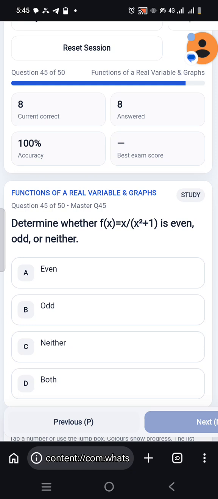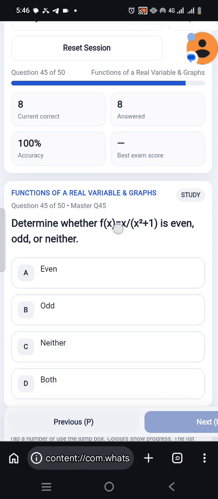If the numerator is even, then it is even, and if the numerator is odd, then it's odd. But if the numerator gives you the same thing and the denominator does not, you cannot predict it, because 1 over 2 and 1 over 3 are quite different. So just to make it easier, let's test values.